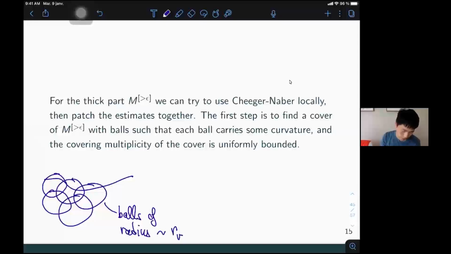Then if the multiplicity is bounded, since you are in the thick part, each ball, by definition of the thick part, carries some L2 norm of the curvature. All right, so that means since the total L2 norm is bounded by the Euler characteristic, the number of balls that you have is bounded linearly by the Euler characteristic.